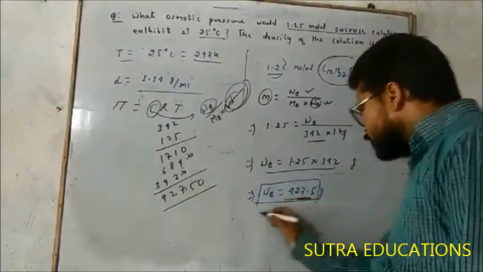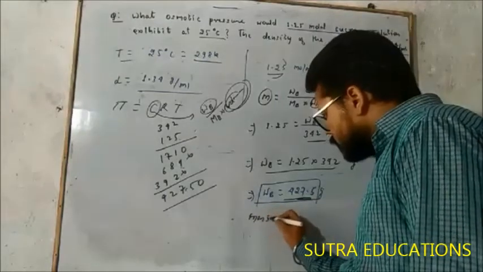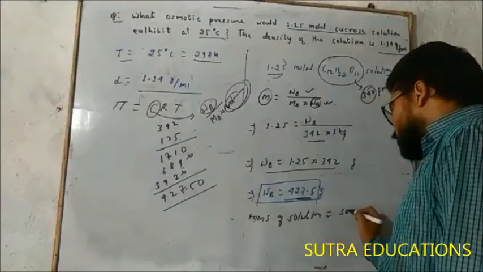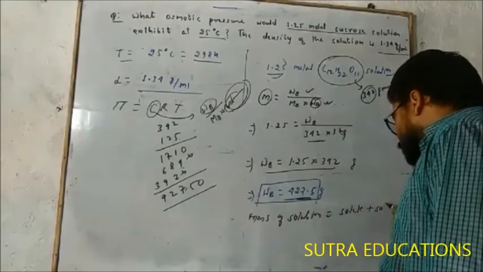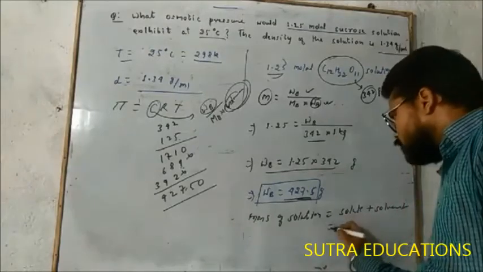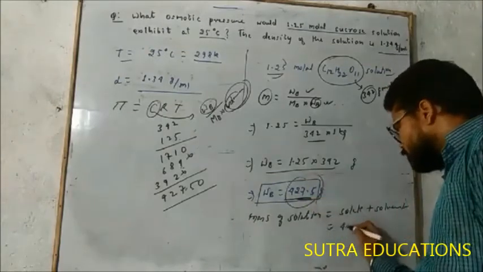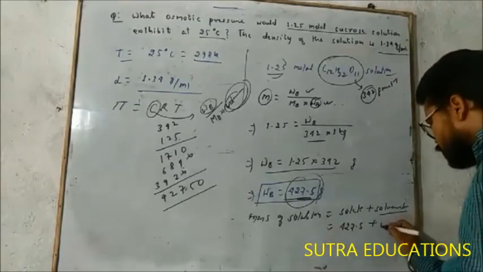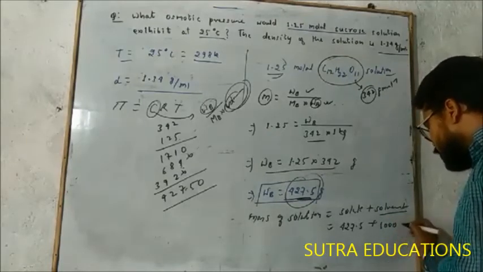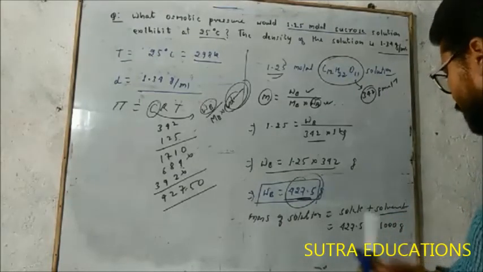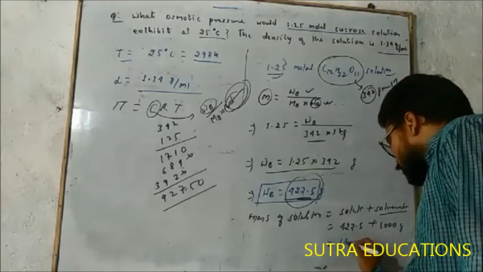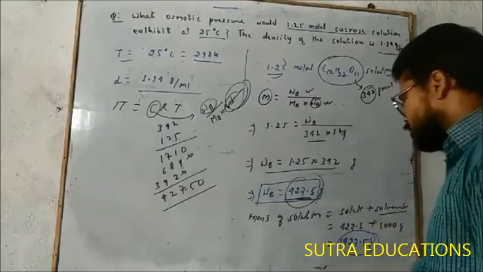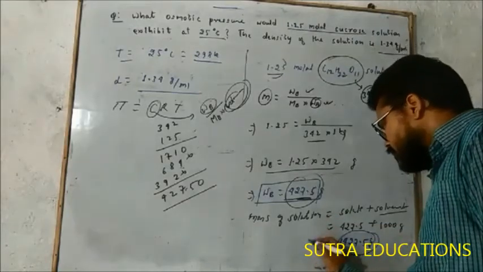Mass of solution will be mass of solute plus solvent. Mass of solute is 427.5. Mass of solvent is 1000, meaning 1 kg means 1000 gram. So it will be equal to 1427.5 gram. This is mass of solution, say MS.